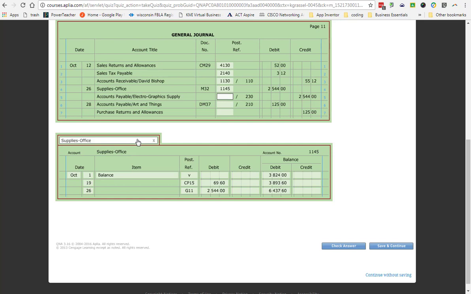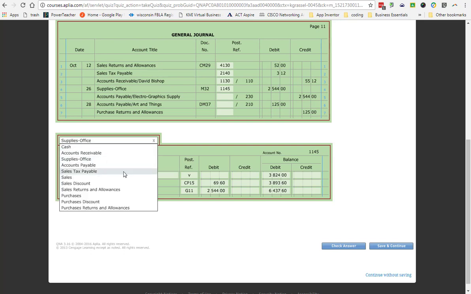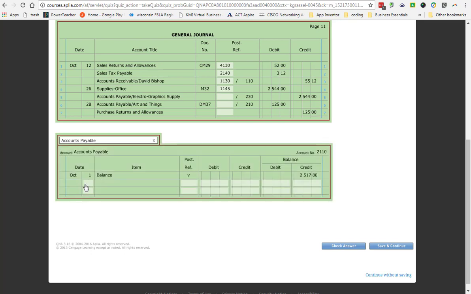So I have a new balance in supplies office of $6,437.60. Then I'm going to go to accounts payable. Date of the 26th. Post reference is still G11. And I'm going to credit $2,544.